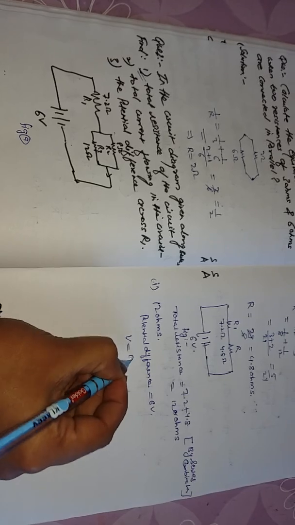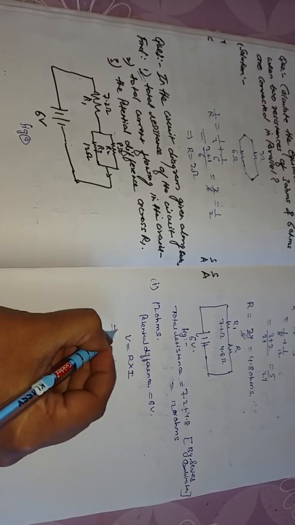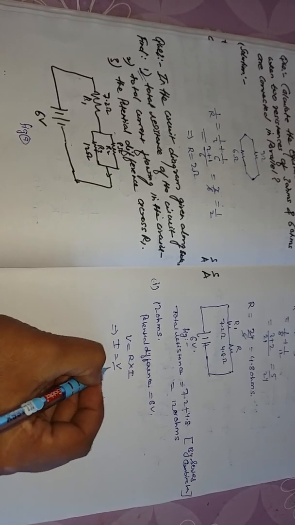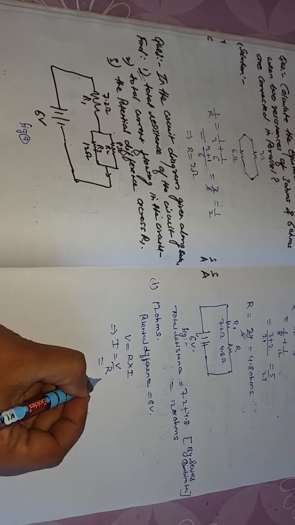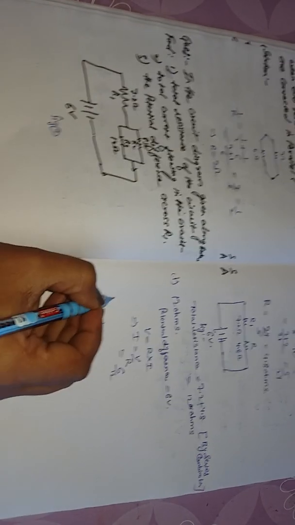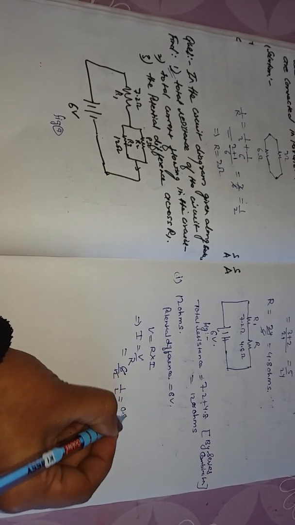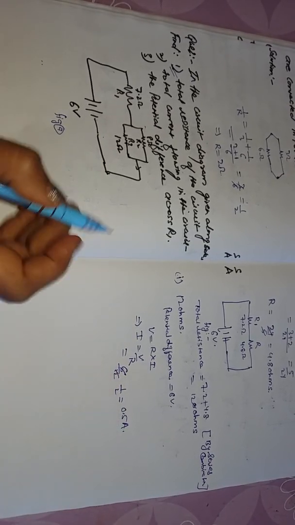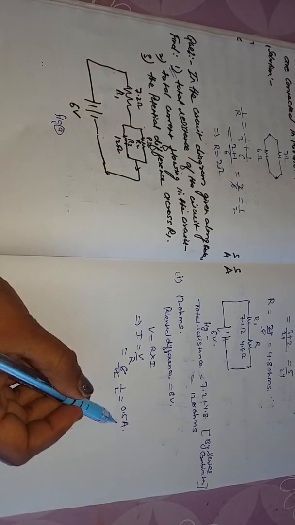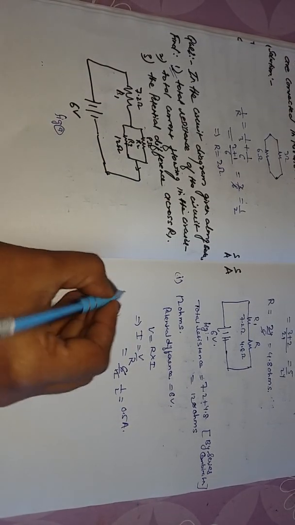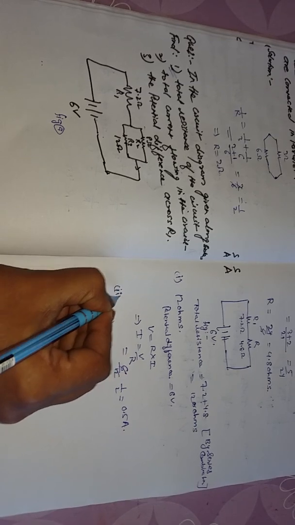Therefore V equal to R into I, implies that I equal to V upon R, that will be equal to 6 upon 12, 0.5 ampere. The total current flowing in the circuit is 0.5 ampere. This is our second answer.